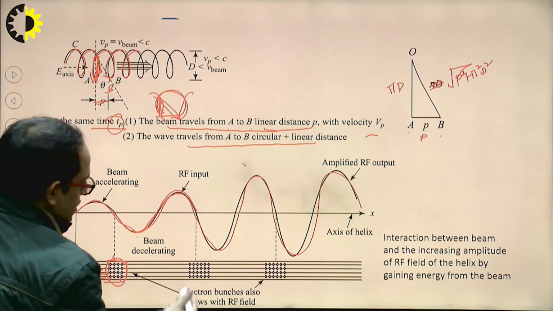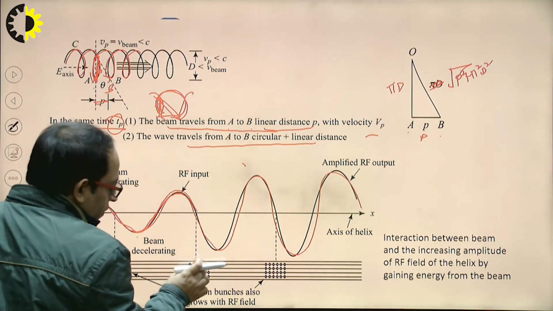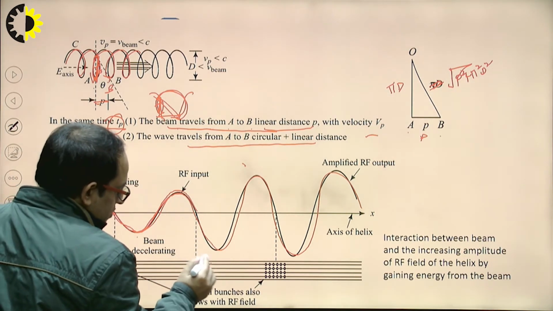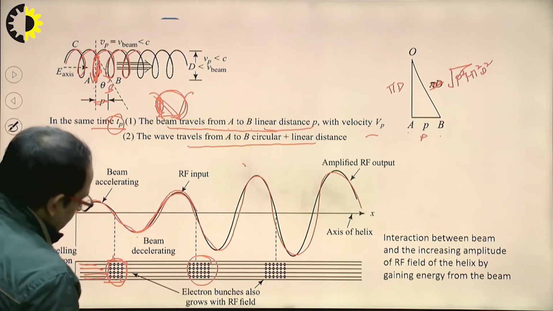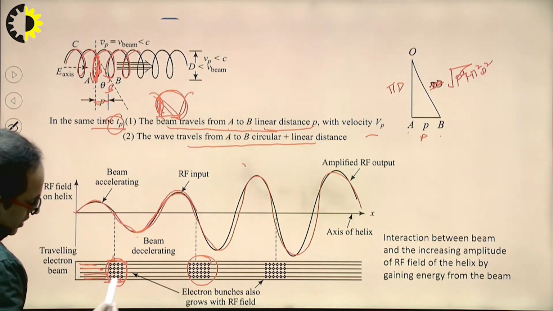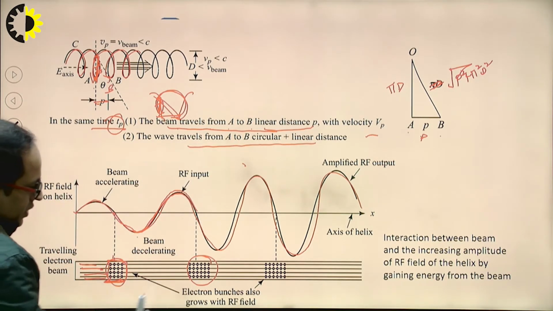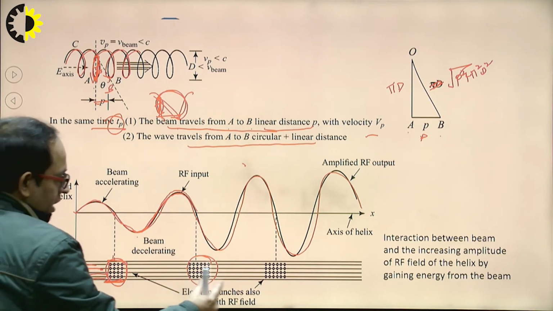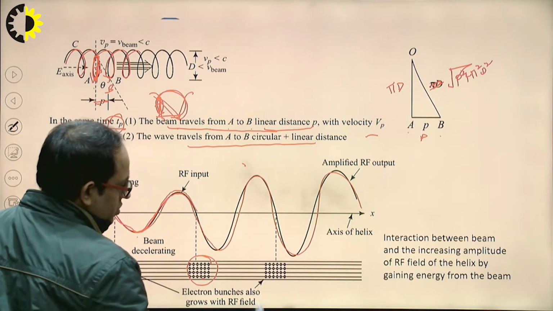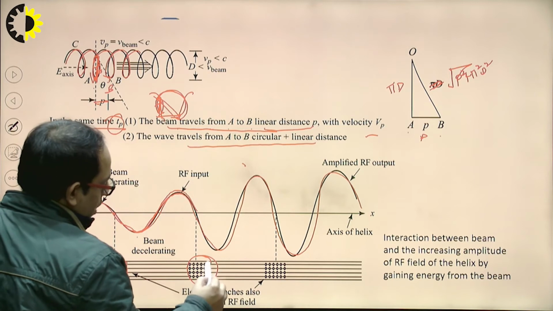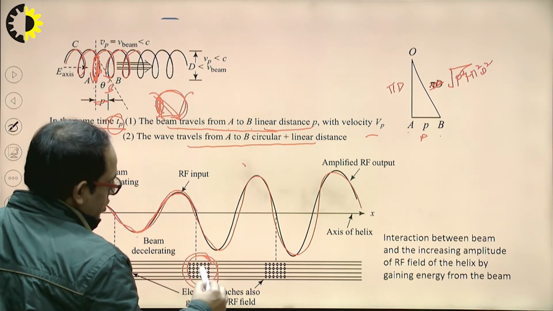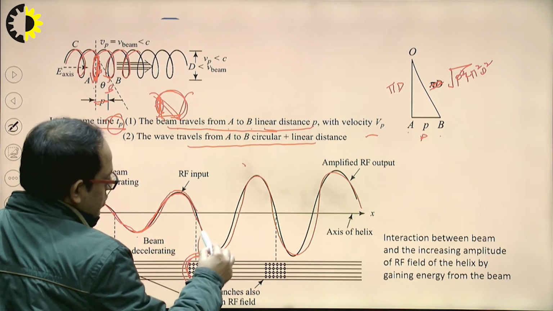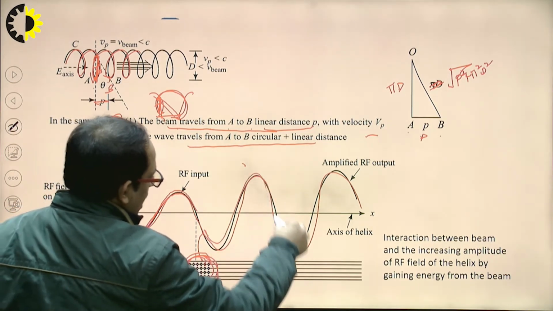In the next turn, the bunching here is smaller, here the bunching capacity is larger, and here the bunching capacity is maximum. So again this electron bunch transfers its energy to the RF field and it gets amplified.